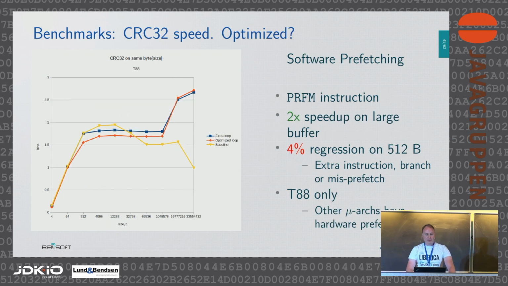So some results that we got. You see the baseline and also the improved version, and the speed is not falling down, right, on large data sizes. But, yeah, by the way, that's 2x sped up. That's cool.